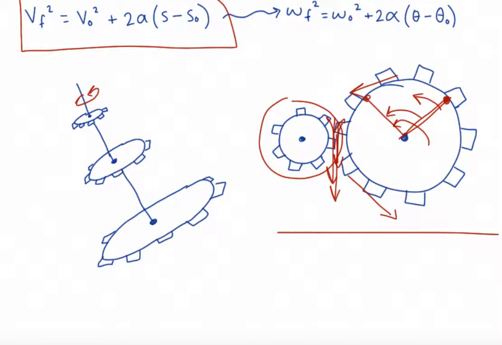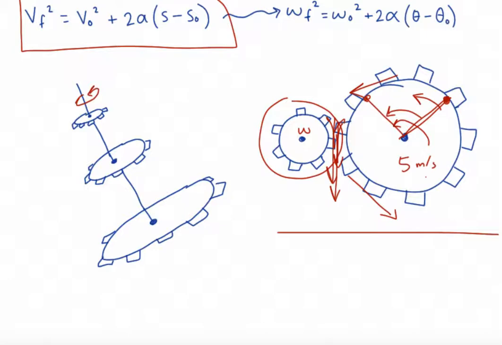But what's different is that they're not concentric, as opposed to the previous case, so they're going to have different angular velocities. Let's say we don't know the angular velocity here, and we don't know its tangential velocity, but we know the tangential velocity of this larger gear is 5 meters per second. This is tangential, not angular.